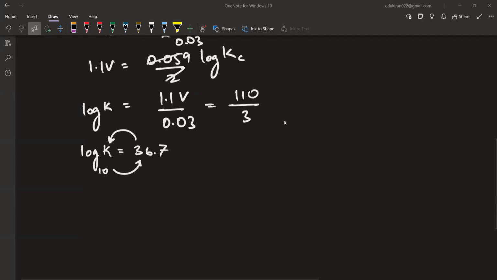So see, K will be equal to what? 10 to the power 36.7. Correct? Yes, sir. ठीक है. इतना लिख दीजिए आप. इतना आपके लिए काफी रहेगा. If you write this much also, it will be fine.